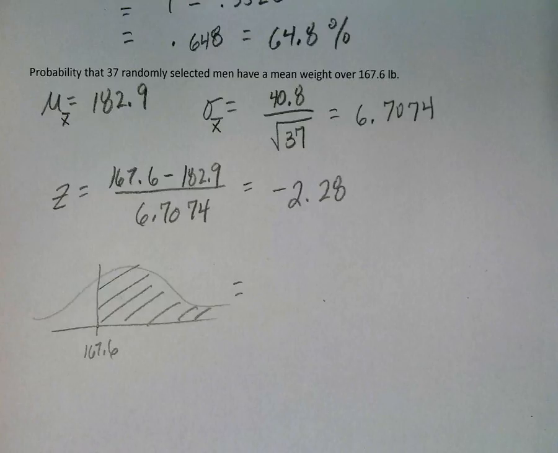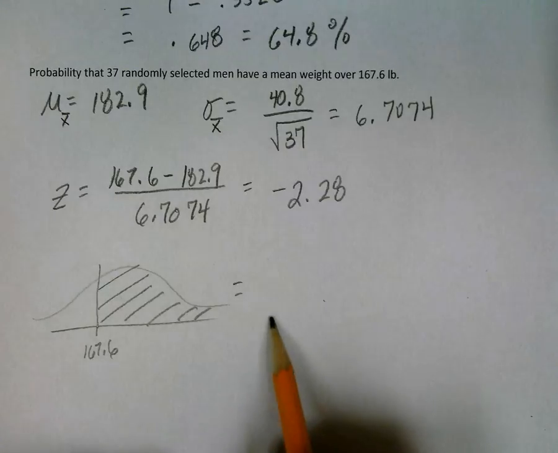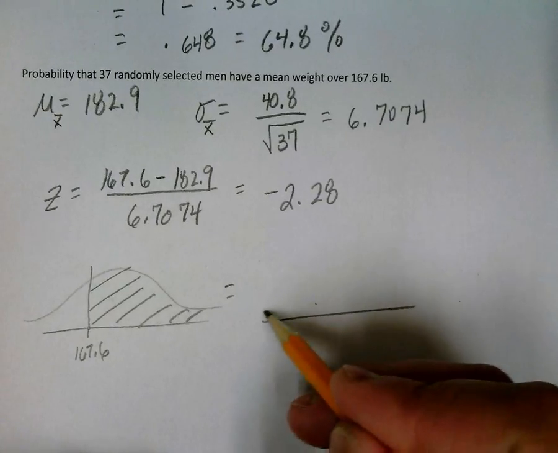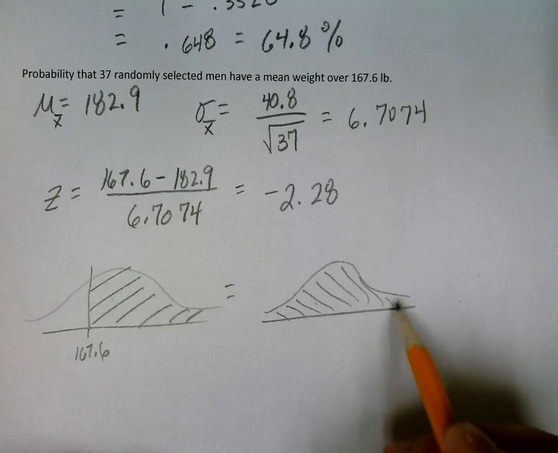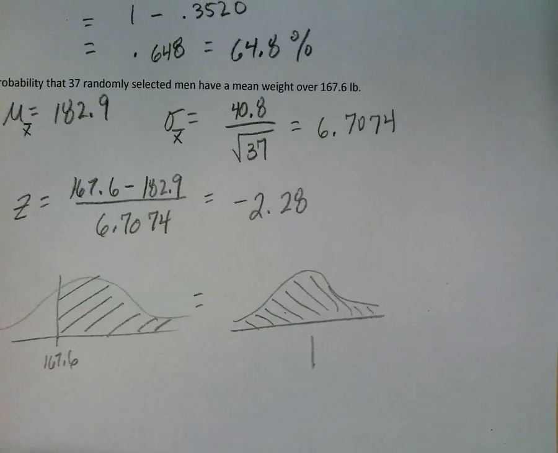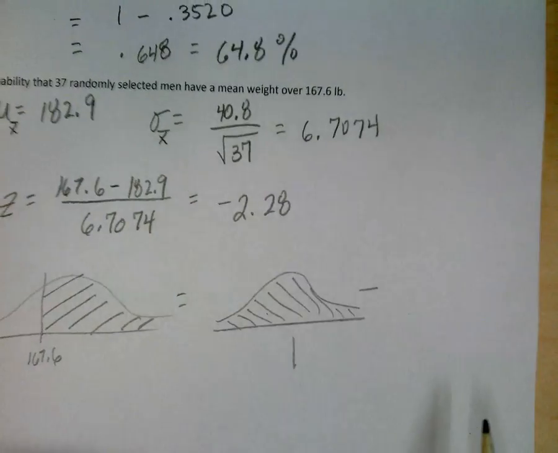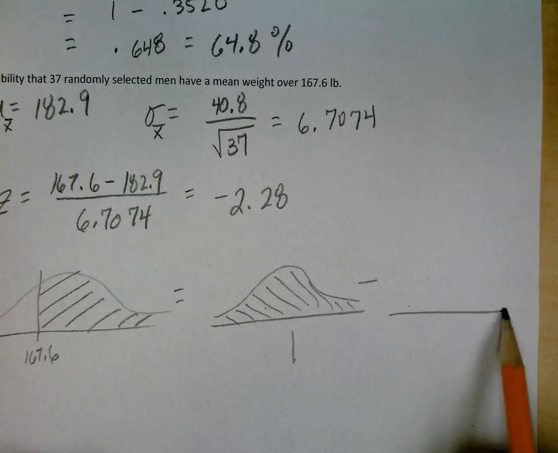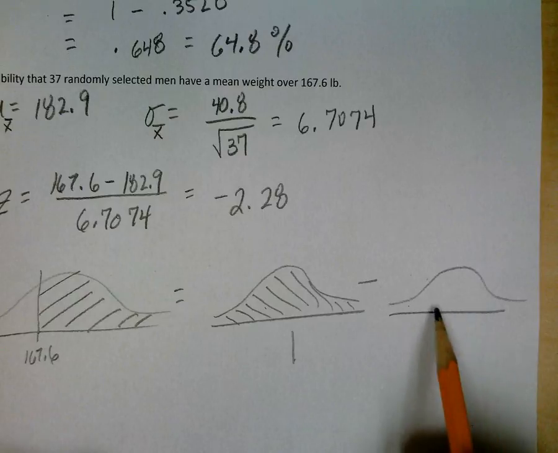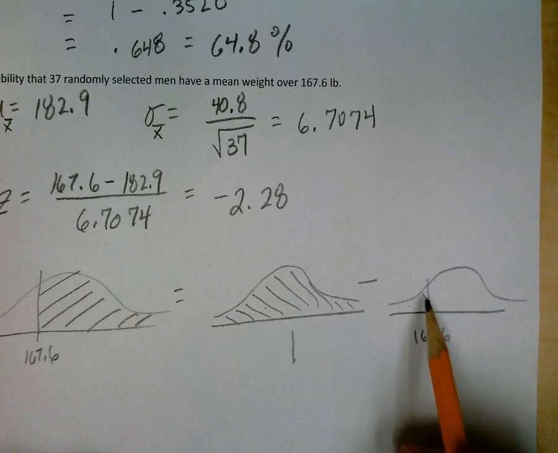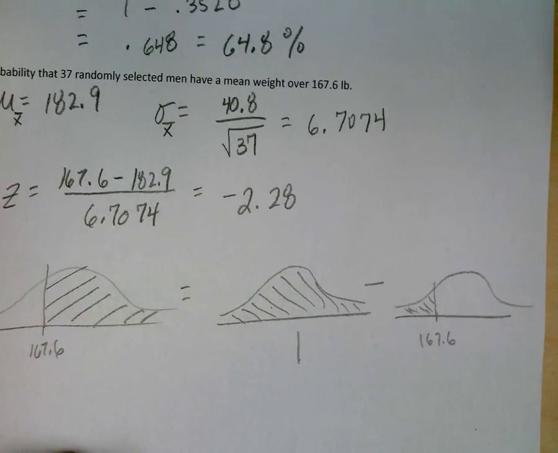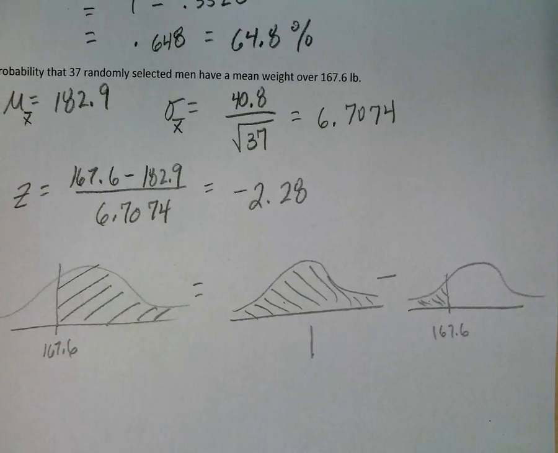So we want the area to the right of that. We use the same methods here. We take the probability of everything under the curve, which is 1, and subtract the probability of less than 167.6, and that gives us what we are looking for.